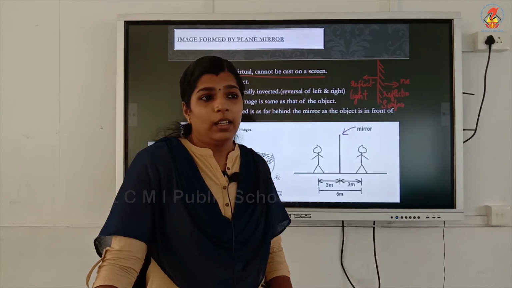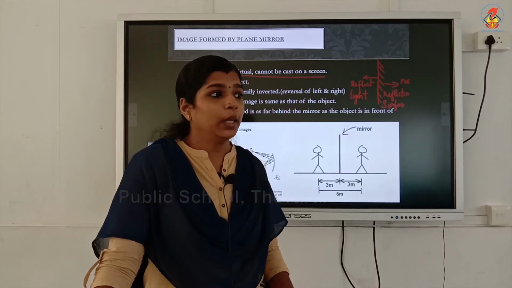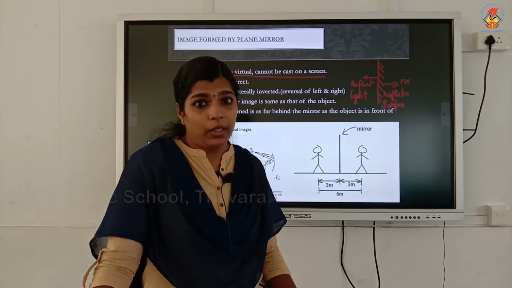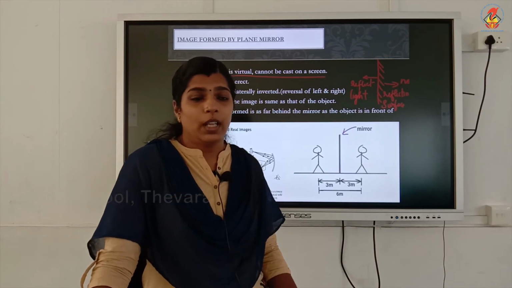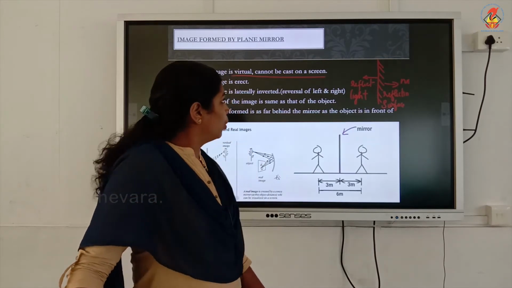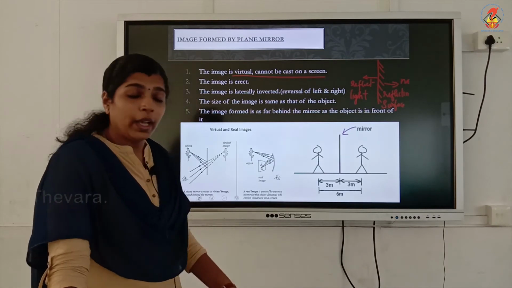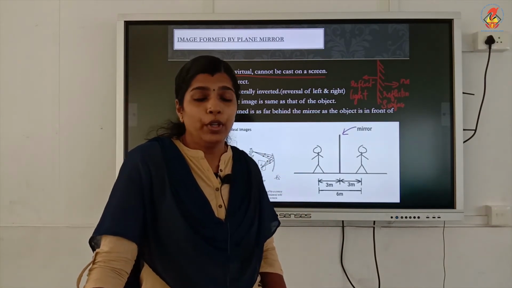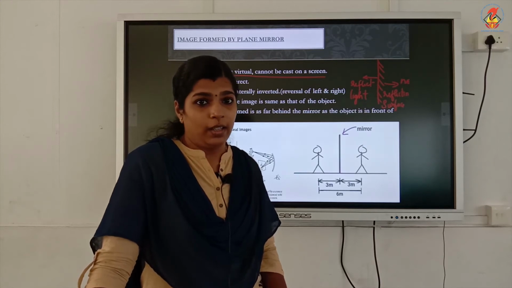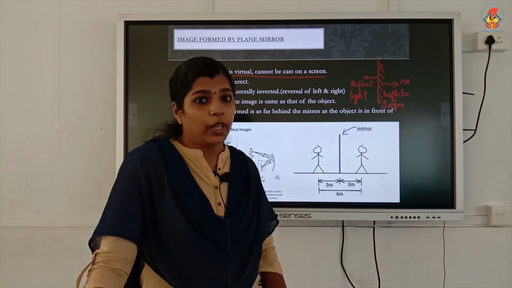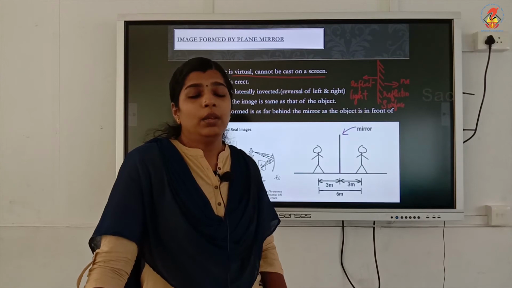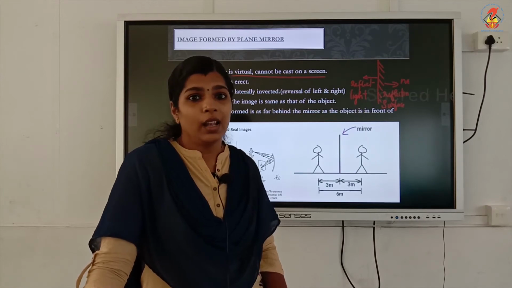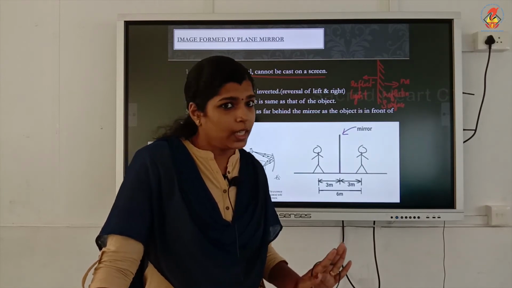That screen can be a wall or the ground. If you are able to produce an image on a screen, then that image is known as a real image. We will discuss it later.